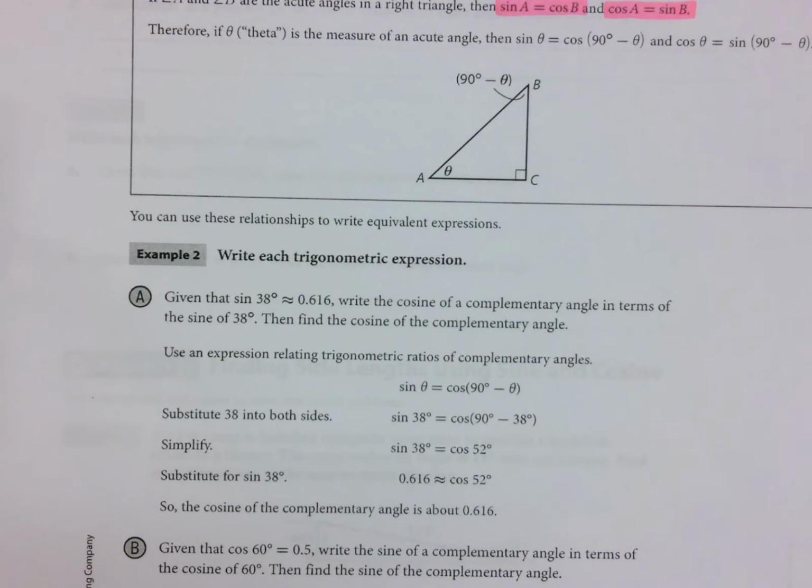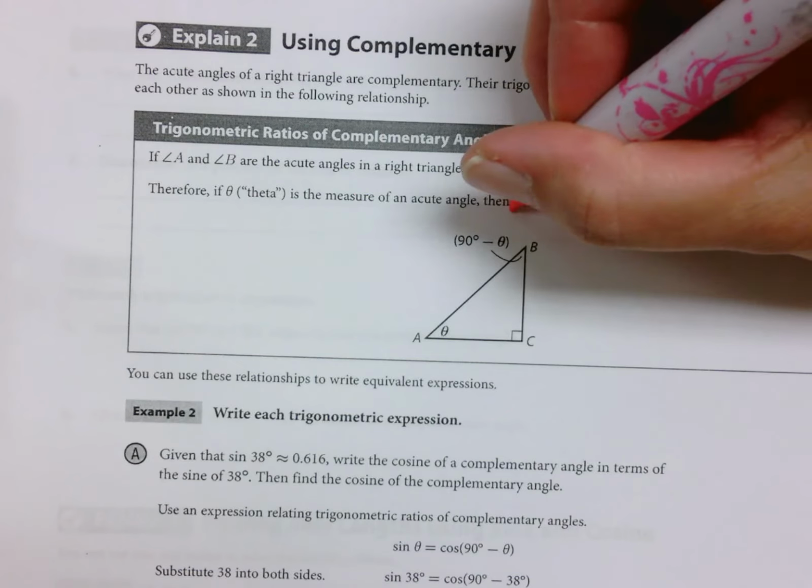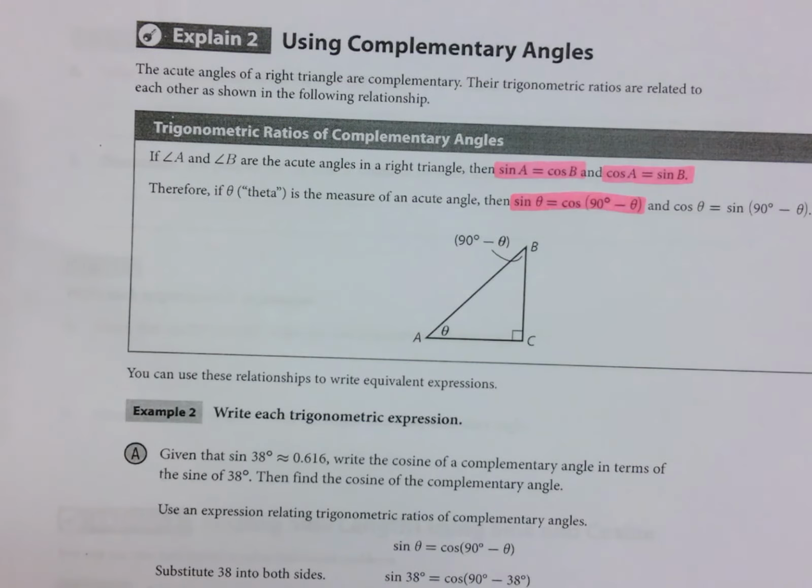So let's take a look at this first example here, letter A. Given that the sine of 38 degrees is approximately 0.616, find the cosine of a complementary angle in terms of the sine of 38 degrees. We've got a certain setup that we want to use, the one in the box up here, where the sine of theta, remember theta is just any angle, is equal to the cosine of 90 minus theta.